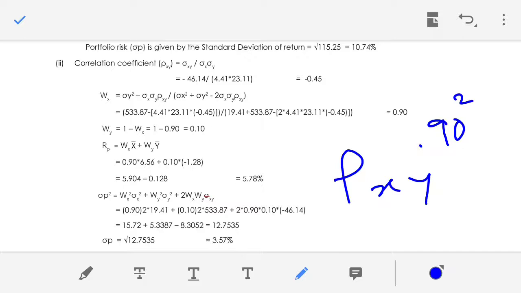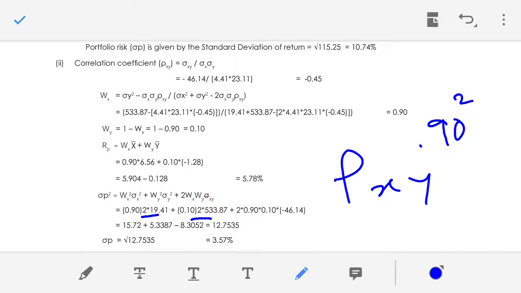Both net amounts would be the same, though, no, it differs. 10 into 2 is 20, 10 into 10 is 100, so whatever they have given here is wrong. Okay, so 0.90 square into 19.41, that is correct, plus 0.10 square into 533.87 plus 2 into 0.90 into 0.10 into minus 46.14. Okay, give me a second, I'll calculate whether they calculated correctly or not.